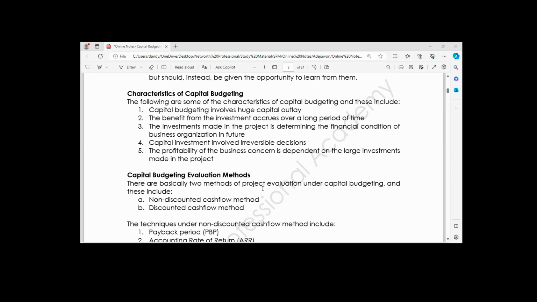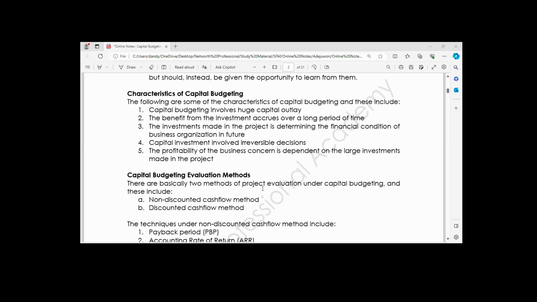Examples of discounted cash flow methods include net present value, internal rate of return, modified internal rate of return, project duration, discounted payback period, profitability index, benefit cost ratio, as well as adjusted present value. So these are the methods under the discounted cash flow method.